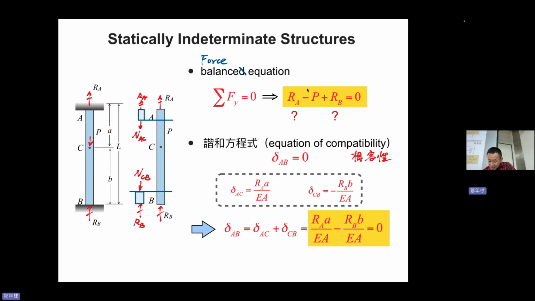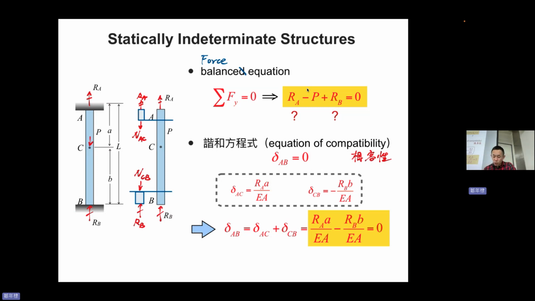Delta CB: you assume that RA and RB are all positive, because you cannot get the numbers. If you had numbers, you would know the actual value or direction.